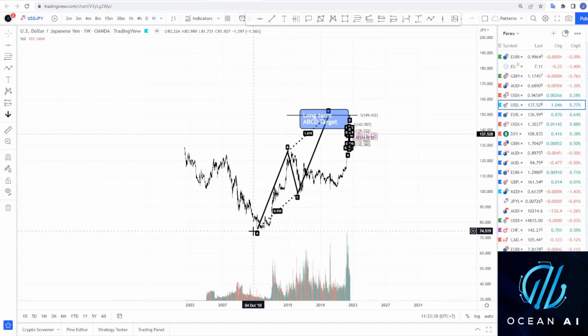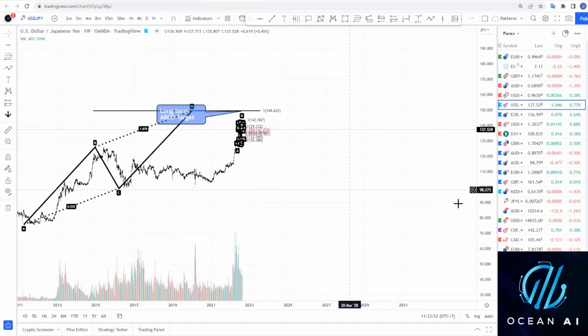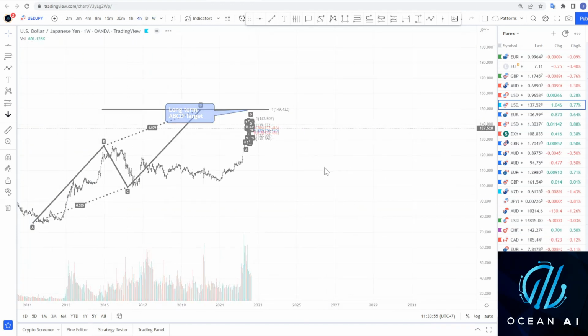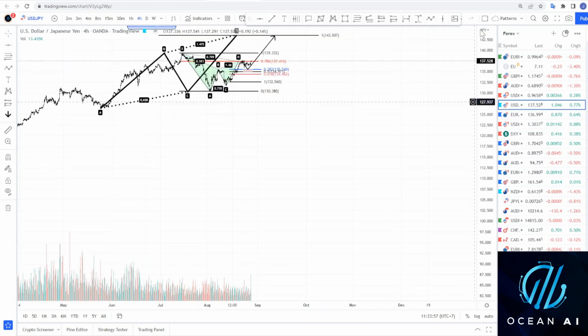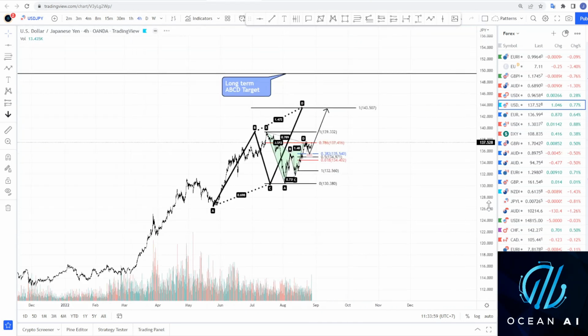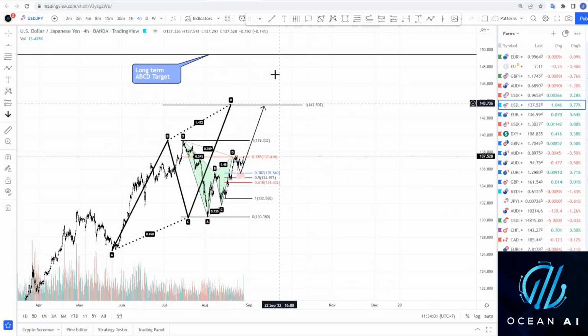We've got this ABCD that spans back to end of 2010, 2011, something like that. And we've got this ABCD up here targeting 149. So that would be, go back into a 4 hour. Yeah, so that's this level up here.